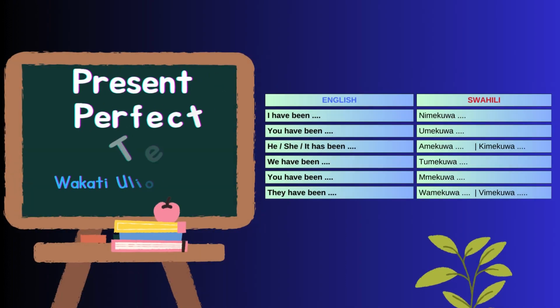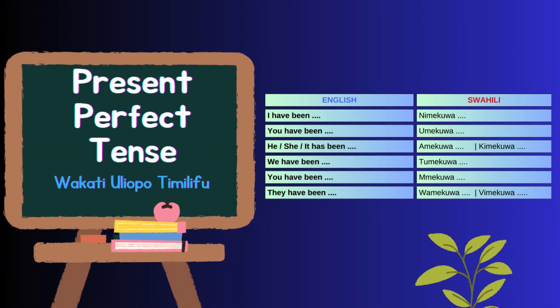Now let's conjugate the verb to be in the present perfect tense. I have been. You have been. He, she, it has been. We have been. You have been. They have been. Let's practice with examples. I have been. For example, I have been kind. You have been.